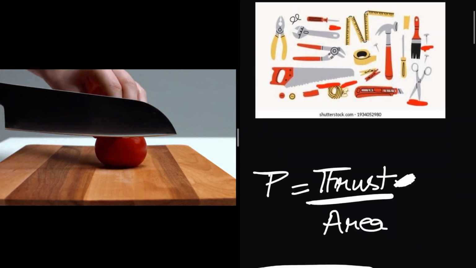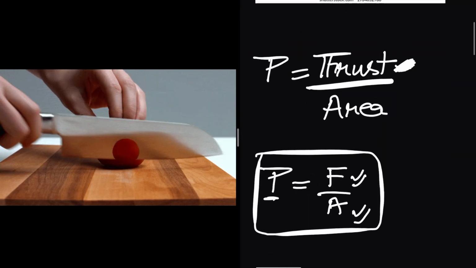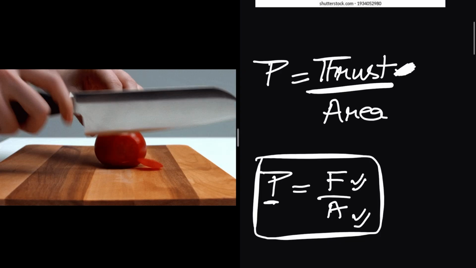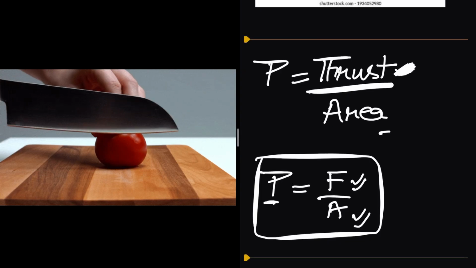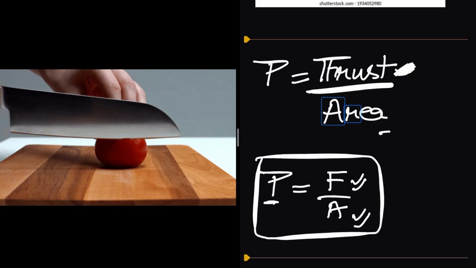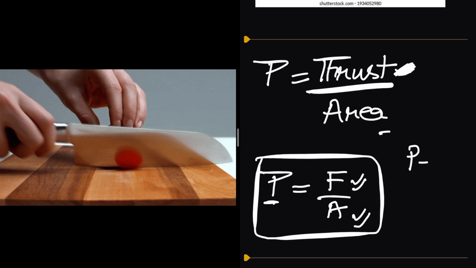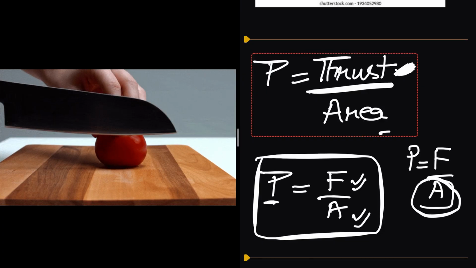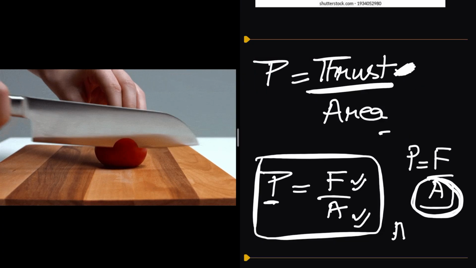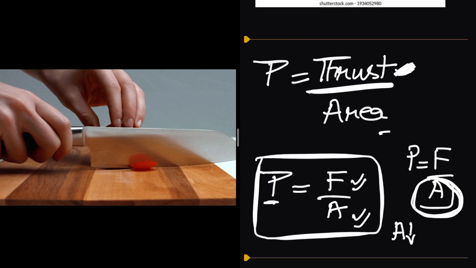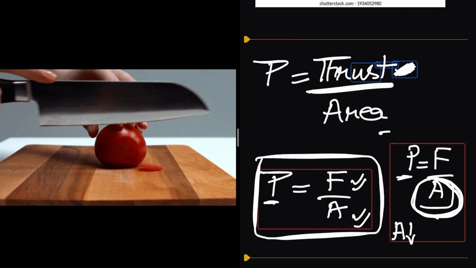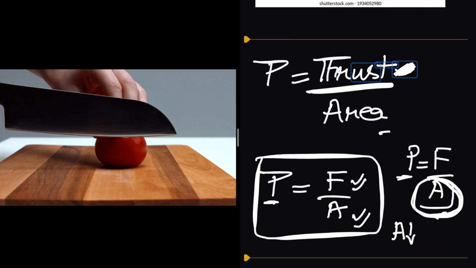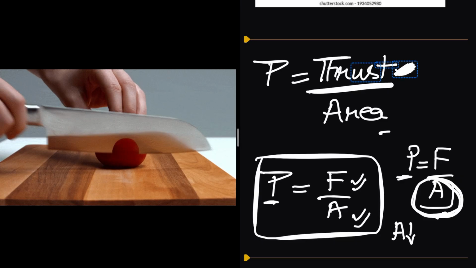What will happen then? Students, we know that pressure is a thrust per unit area, or force per unit area. Clear? If we are using sharp knives, then what will happen to the area? This area will decrease. Now students, pressure and area are in inverse proportion. What is the meaning of inverse proportion?